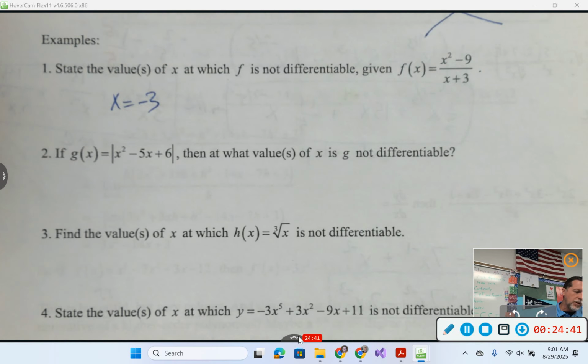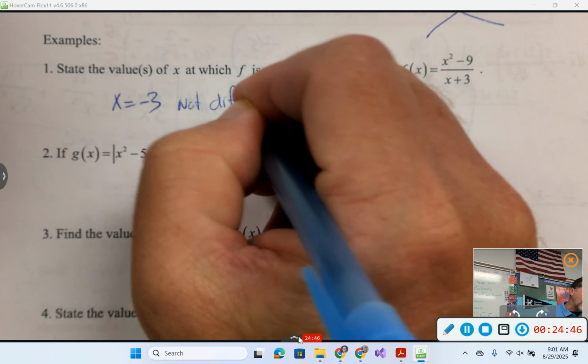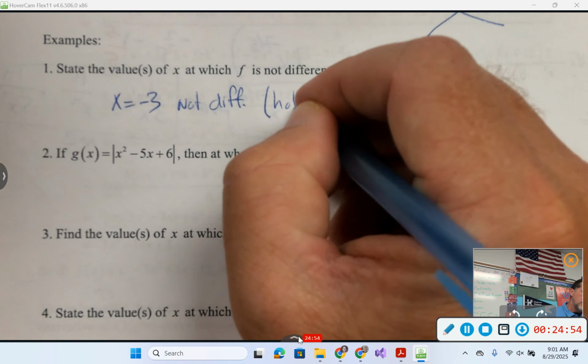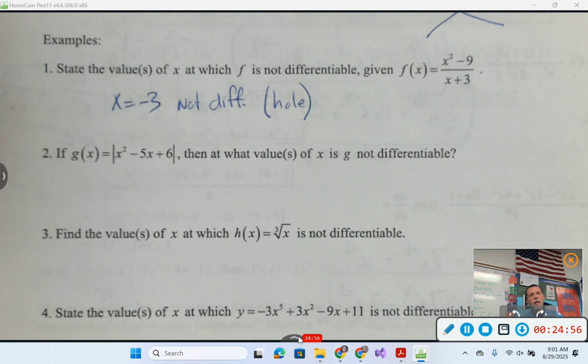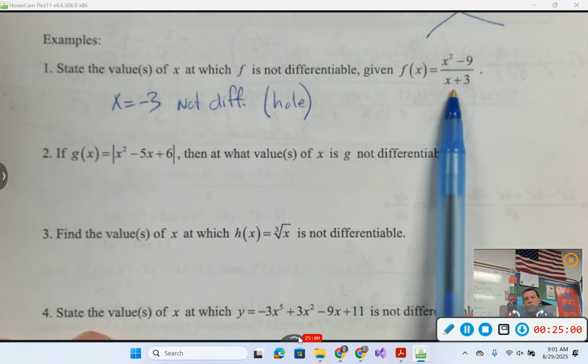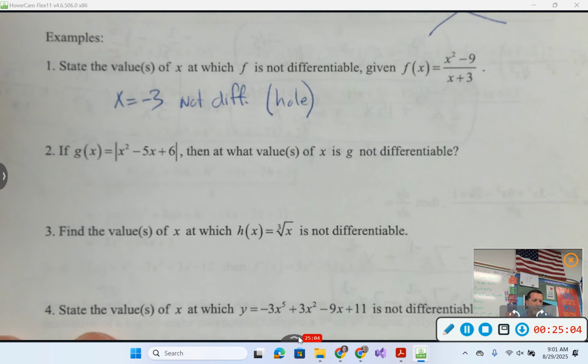So x equals 3 is not differentiable. That's all it asks, so that's all we have to say. Why is x equals negative 3 not differentiable? Okay, it cancels out. It's a hole. But from the continuity thing, anything from the bottom is going to be a problem for continuity, which means it's going to be a problem for differentiability.